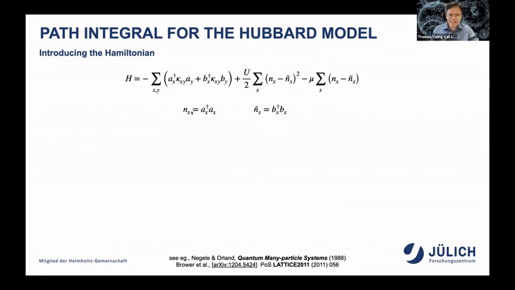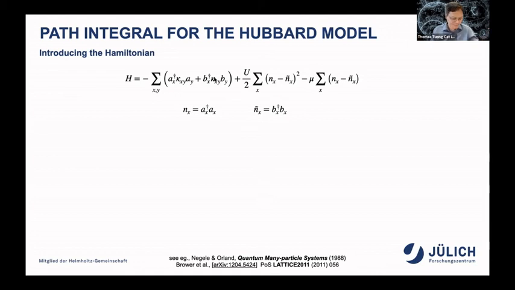The n's and n tildes here represent number density operators for the different fermion species. A and B are creation and annihilation operators for different fermion species. For this particular problem, you can think of the two different fermion species as spin up or spin down, or what we usually do is interpret them as particles and holes.